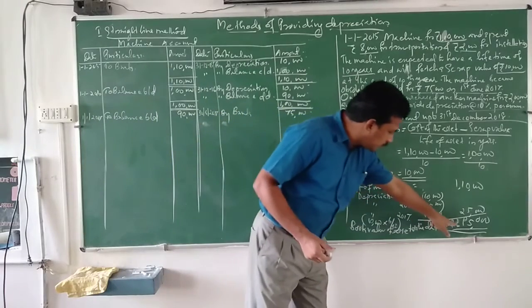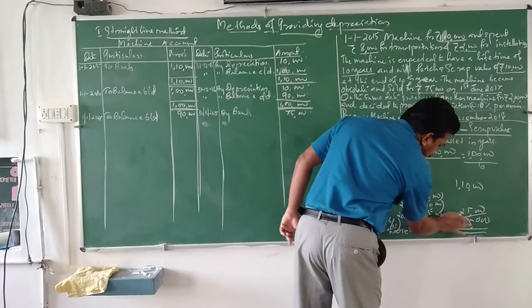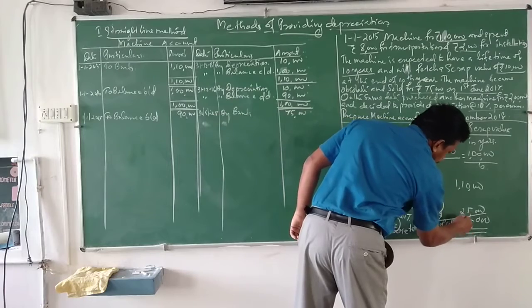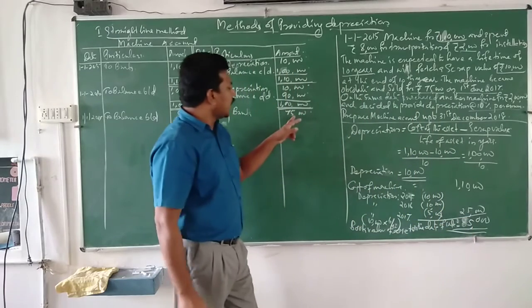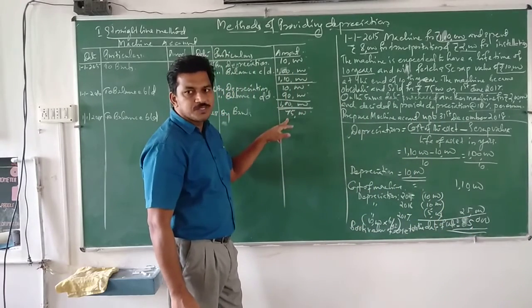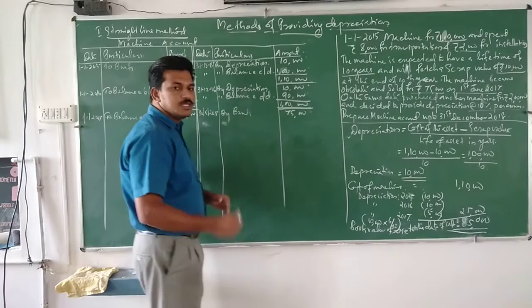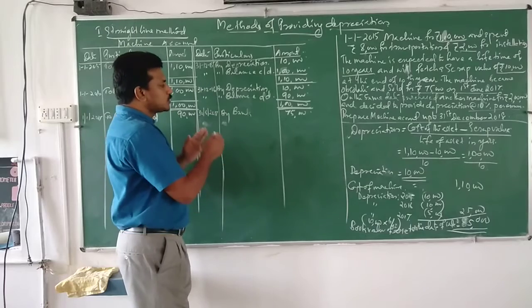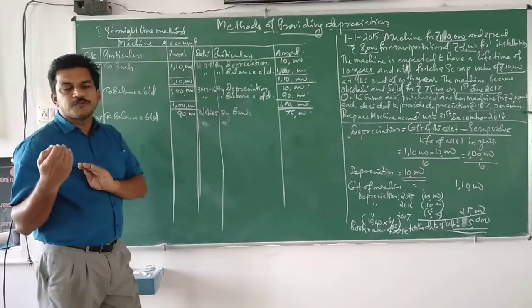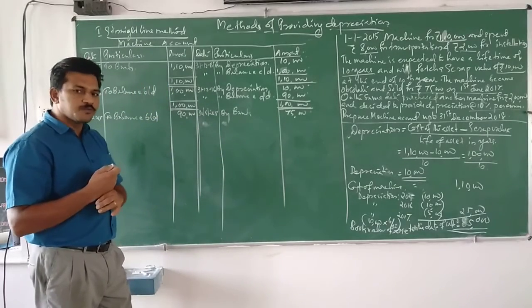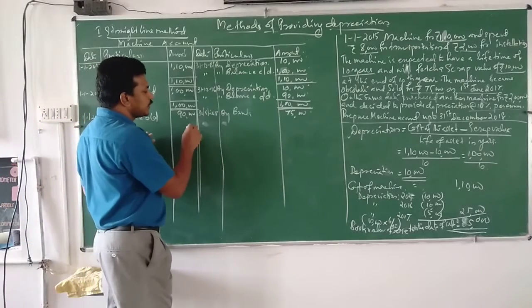Book value at the date of sale is 85,000 and it is sold for ₹75,000. So the loss is 10,000. Loss should show on the debit side of the profit and loss account, so it should come here.